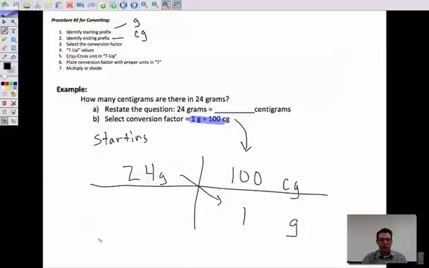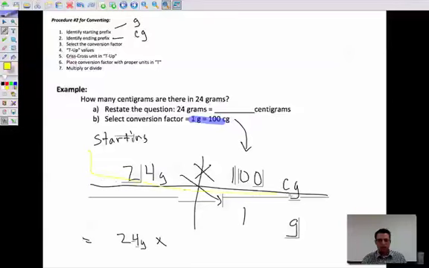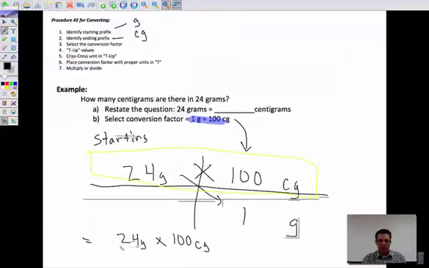So what this stands for is 24 grams times, if it's on the same level, this is on the same level, we multiply 100 centigrams divided by 1 gram. That would equal 2,400 centigrams.